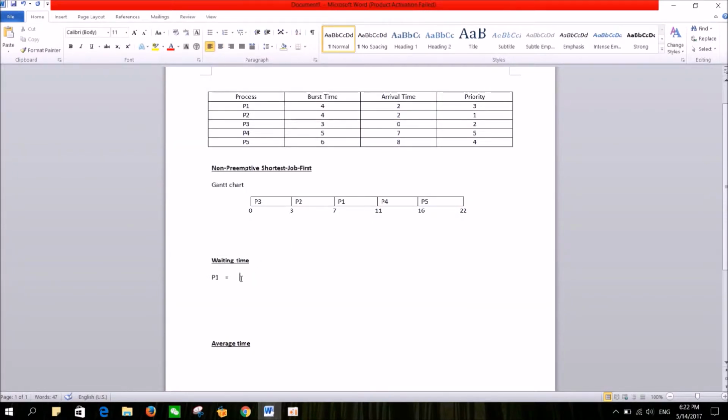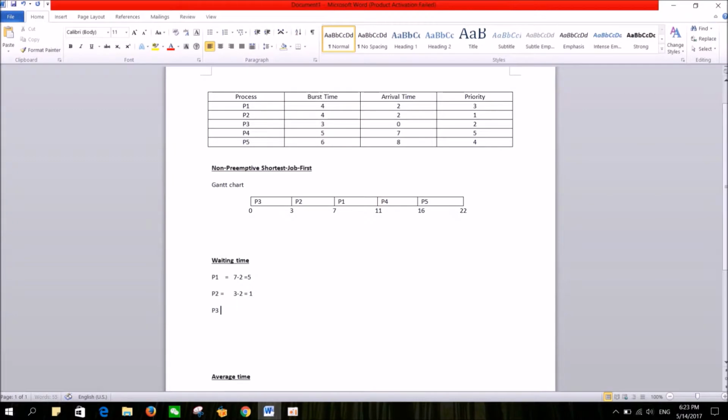So 7 minus 2 gives 5. The following will be P2. P2 here is 3 and its arrival time is 2, so 3 minus 2 gives 1.